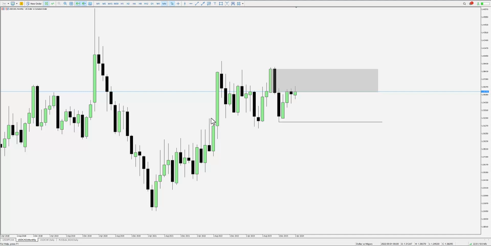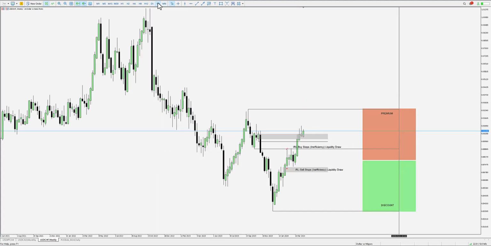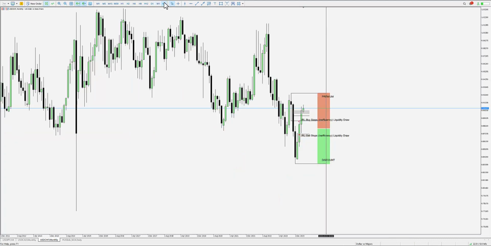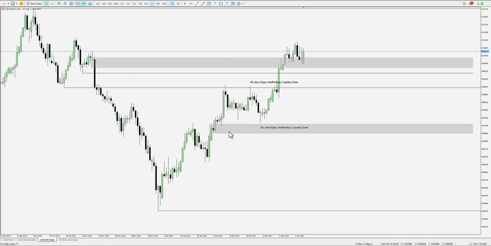Then when we go also to USD CHF, I'll be looking for price to trade lower. You can see price is now in premium. Okay, let me go to the monthly chart. So this is our premium, so I'm expecting higher time frame premium arrays to provide resistance as price pushes lower.